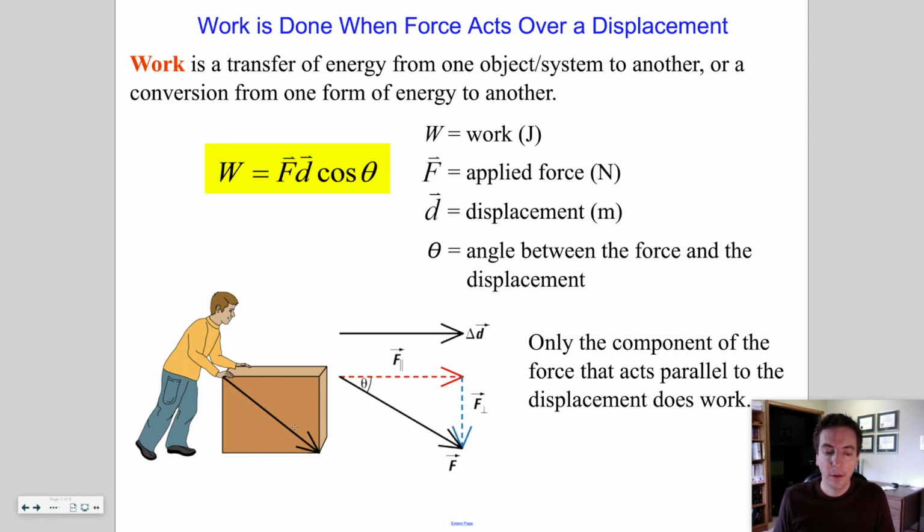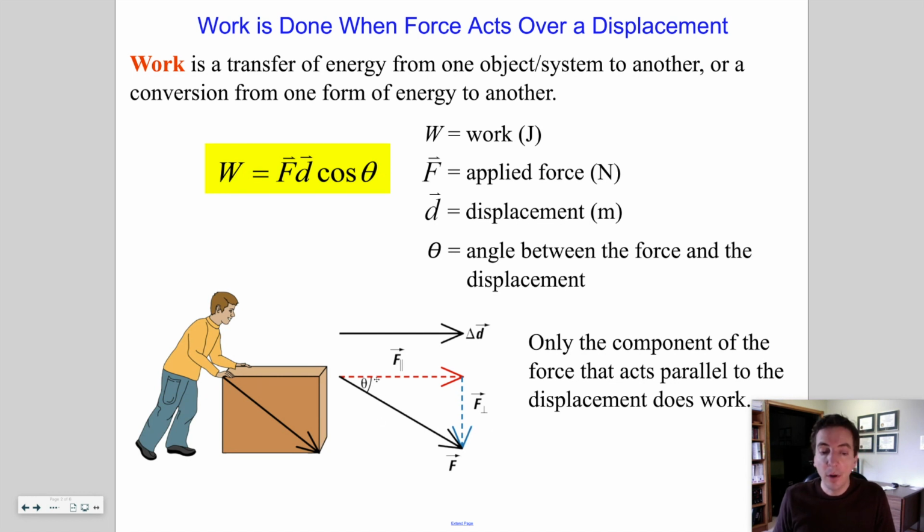So we take a look at the diagram here. The force is actually down towards the ground and forward at some angle theta. It doesn't matter what it is. So it's got two components, one that's parallel to the displacement, horizontal, and the other that's perpendicular to the displacement, vertically down in this case.